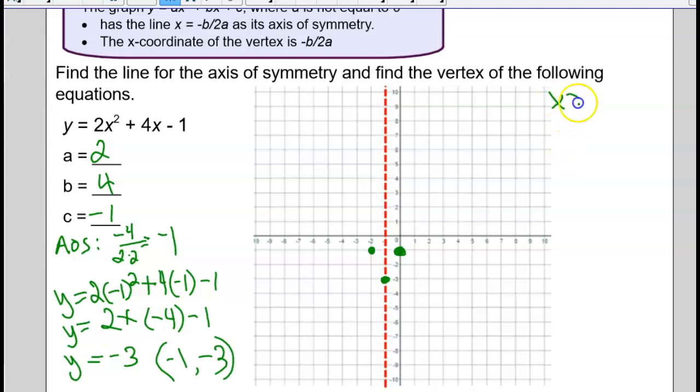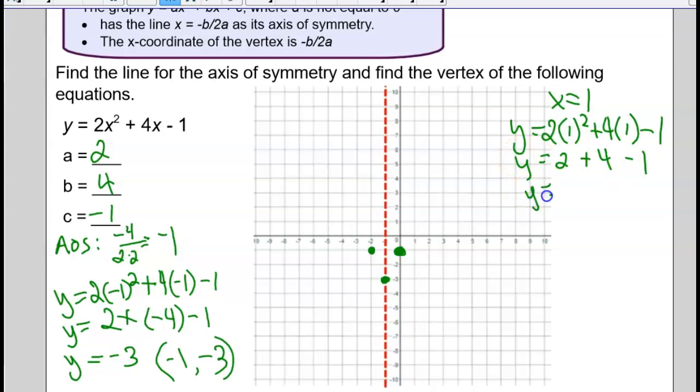So if x is equal to 1, y is equal to 2 times 1 squared plus 4 times 1 minus 1. 2 times 1 squared is 2, plus 4 minus 1. When x is 1, y will be equal to 5.